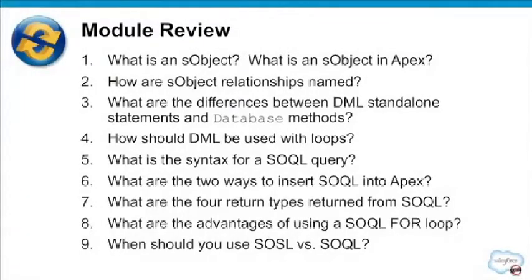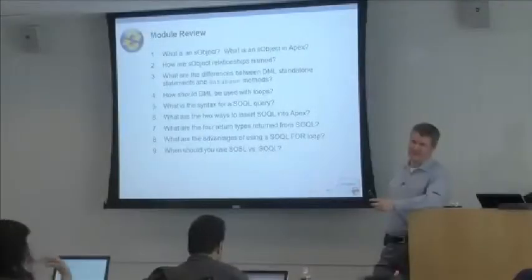Okay, very good. How should DML be used within loops? What else about that list? Let me try and rephrase this question. How should DML be used within loops? The answer would be carefully.